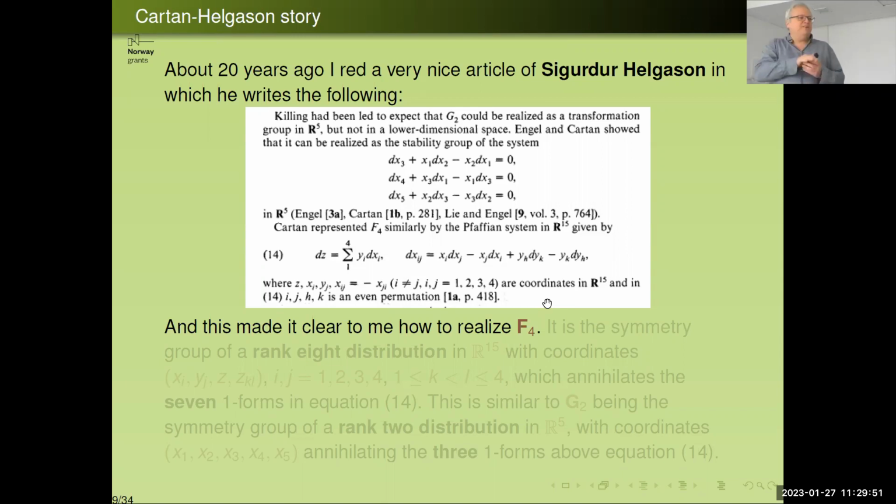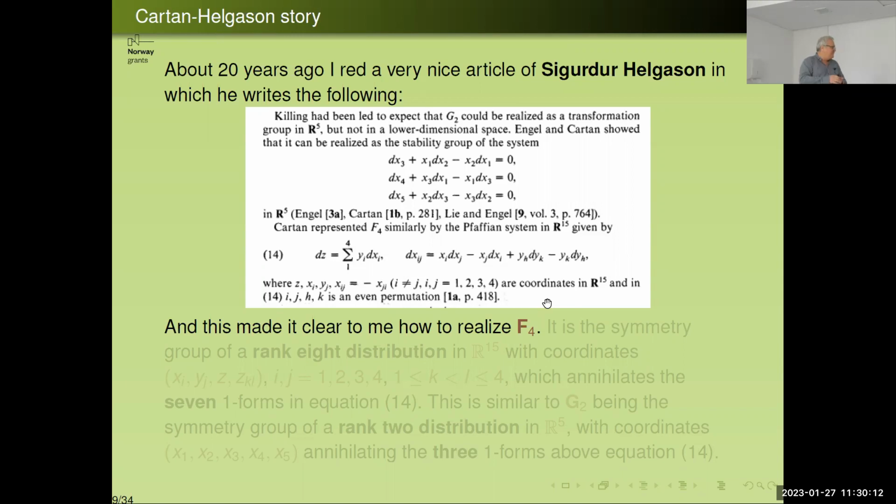So the annihilator of these 7 one forms at each point gives you an 8 plane. Actually, what Helgason says here is that Cartan represents F4 as a symmetry group of a certain rank 8 distribution in dimension 15.